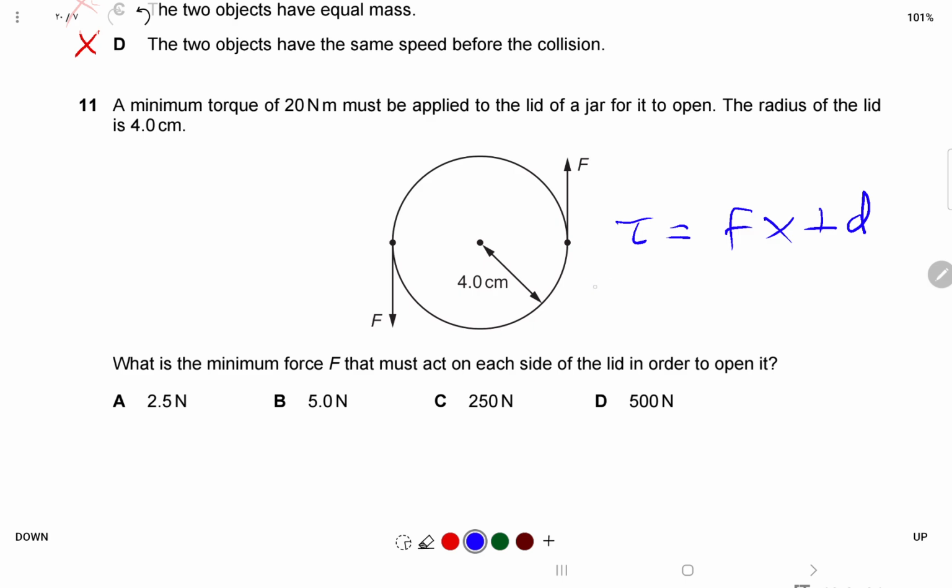So the torque is 20 Newton meter. The force here we don't know. The distance is 4 times 10 to the power of negative 2 after conversion to meters. And then you do the math. So option C is the correct answer.